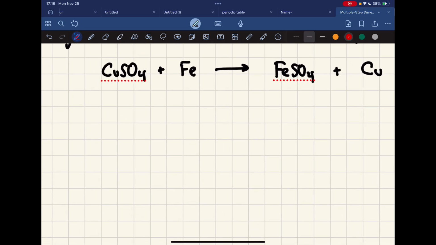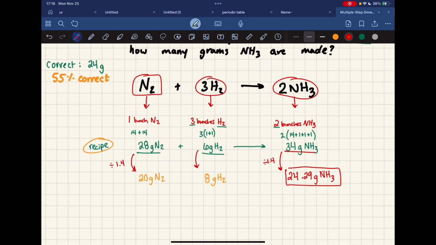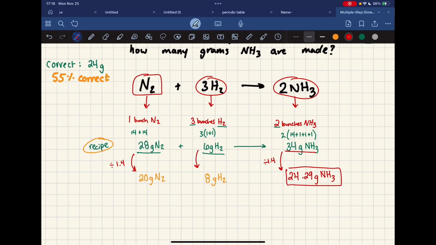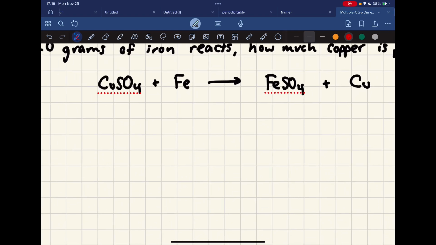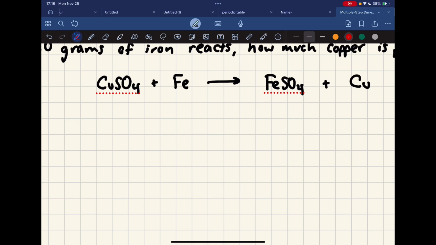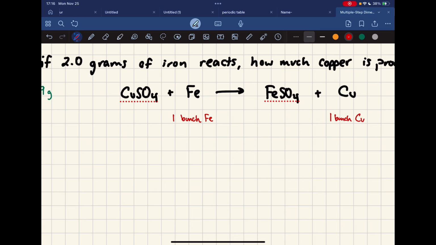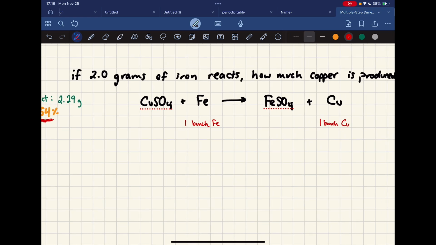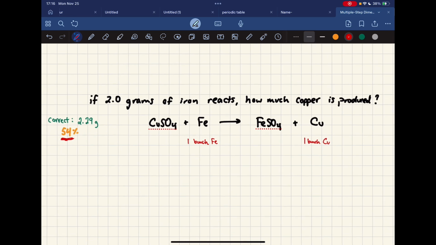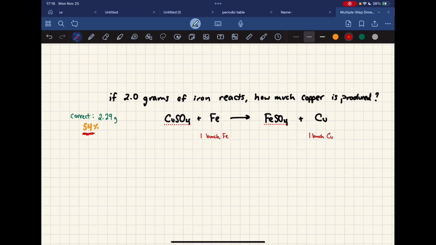First, we're going to do the same thing we did before and rephrase our chemical equation in terms of bunches. So I got 1 bunch of copper sulfate and 1 bunch of iron, making 1 bunch of iron(II) sulfate and 1 bunch of copper. I notice I didn't write anything underneath the copper sulfate and the iron sulfate. It's because we don't actually need it, because those quantities just aren't important.